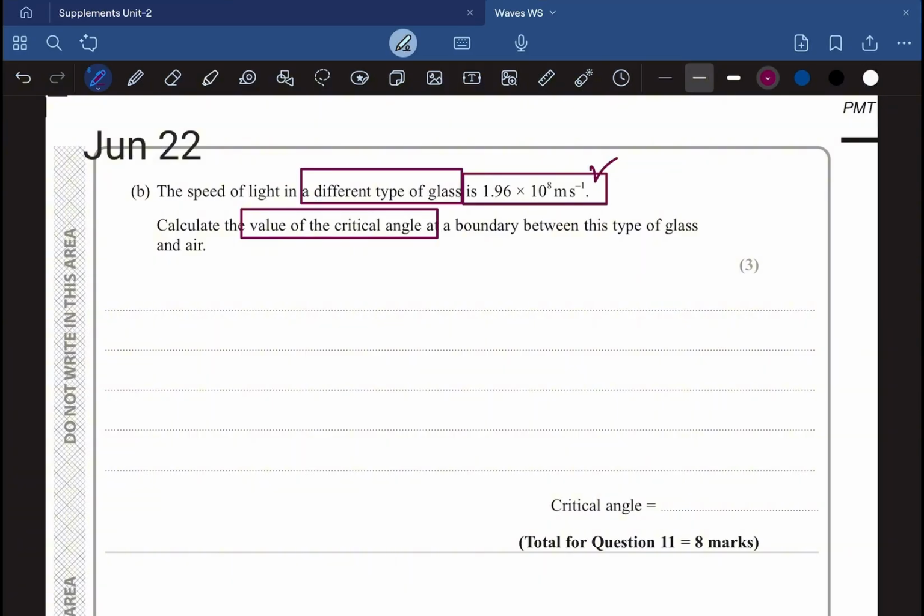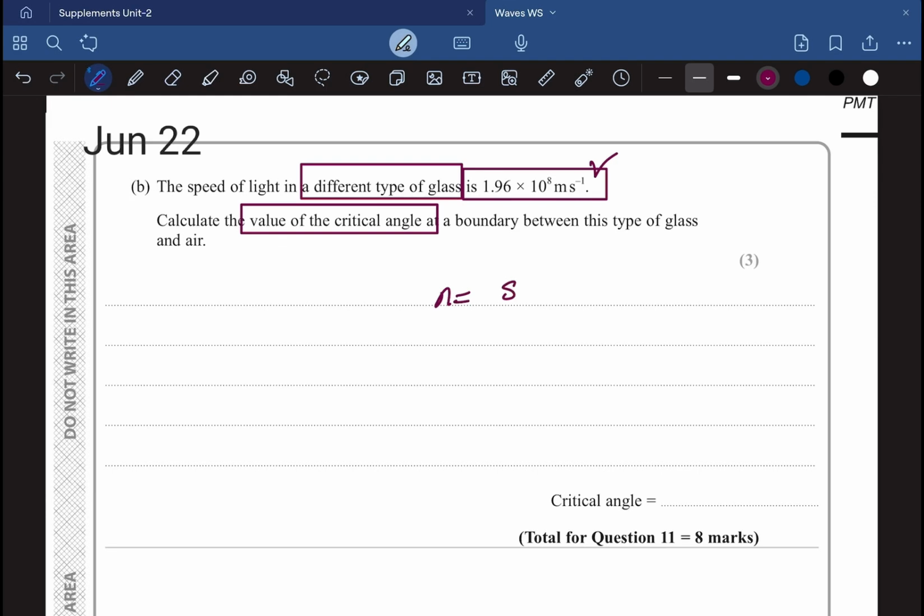So n is equal to speed in air divided by speed in glass, which is 3 into 10 to the power 8 divided by 1.96 into 10 to the power 8, and the refractive index value will be 1.53.